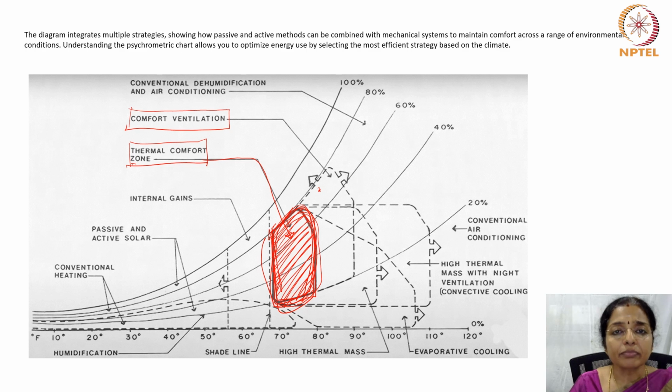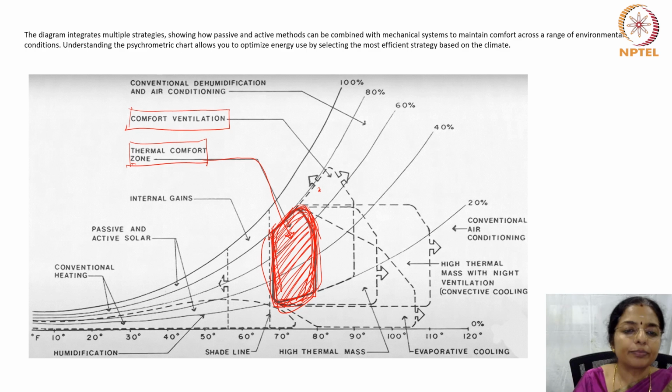So, if somebody designs a room which is beyond the thermal comfort zone, which is indicated here, where the humidity, temperature range is beyond this range, then comfort ventilation can be a good strategy.